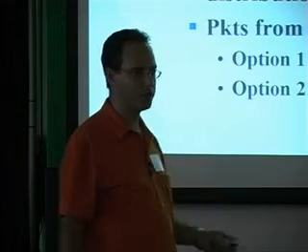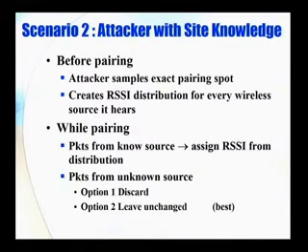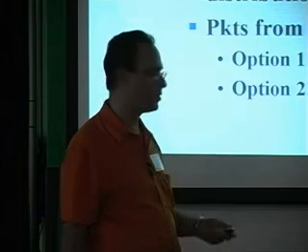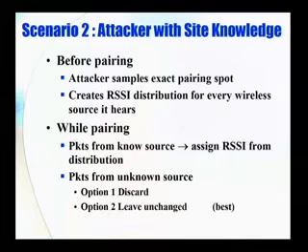Now, for packets that come from an unknown source, because somebody else moved in and started to transmit, or for whatever reason, a source that wasn't transmitting at the time of the survey, the attacker has to choose one of two options. He can discard that packet, or he can leave the RSSI unchanged, or he can guess. And what we've seen is that just leaving it unchanged is the best for the attacker.